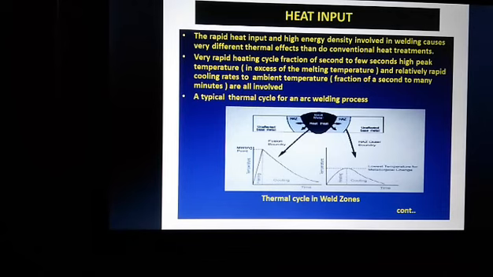Heat input. The rapid heat input and high energy density involved in welding cause a very different thermal effect than conventional heat treatment.